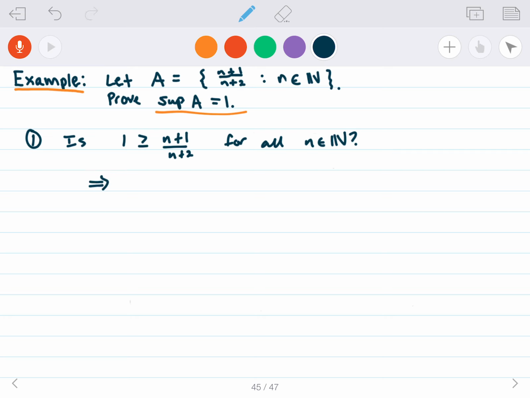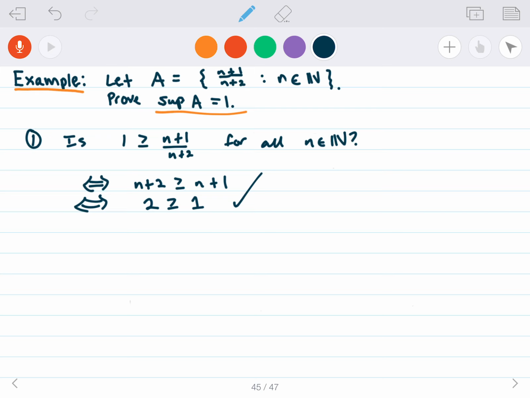So if I multiply both sides by n plus 2, I get this. And then if I subtract the n off, I get this always true inequality: 2 is greater than or equal to 1. So then if you do some backwards engineering, you see that this is always going to be true. So yeah, 1 is going to be an upper bound of this set.